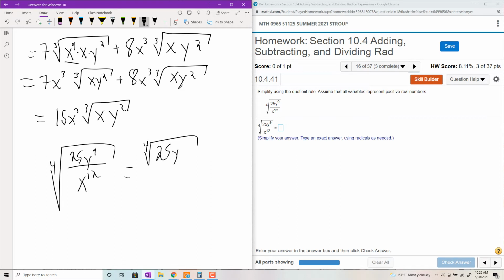So I need a perfect fourth, so y to the 8th times y, all over x to the 12th. The fourth root of x to the 12th will be x cubed. Okay, and then there's not much I could do. I could pull out the y to the 8th, over 4 will be y squared, and then you're just left with the fourth root of 25y, and that would be all over x cubed.